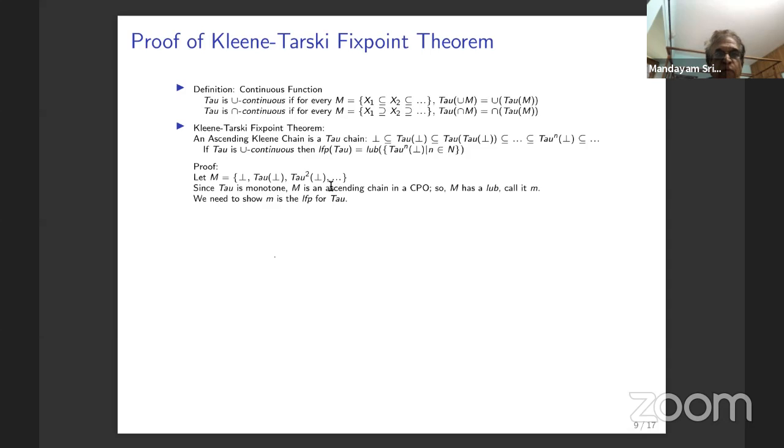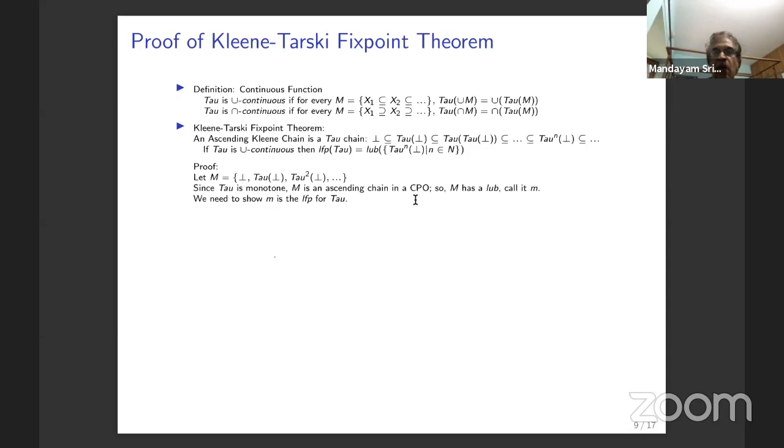What we have to prove is that the least fixed point is the least upper bound of this set. And let M be the least upper bound. The least upper bound of chains is just the union of all the elements in the chain.